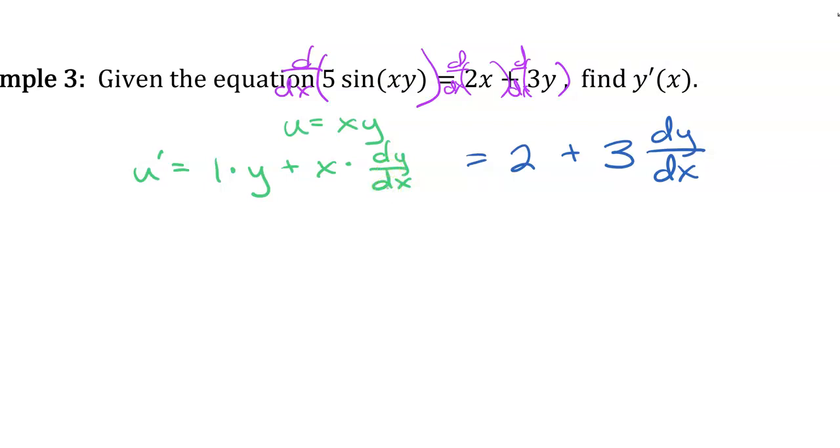Yep, and then that's the product rule part. And then we also have the chain rule, because we used u substitution here. So the d dx part would be, let's see, the 5 would be out front, and then we would have the d dx of sine u times u prime.